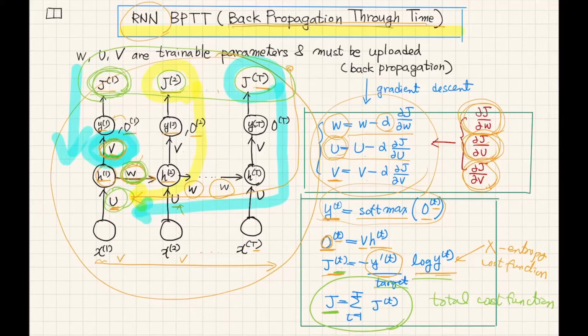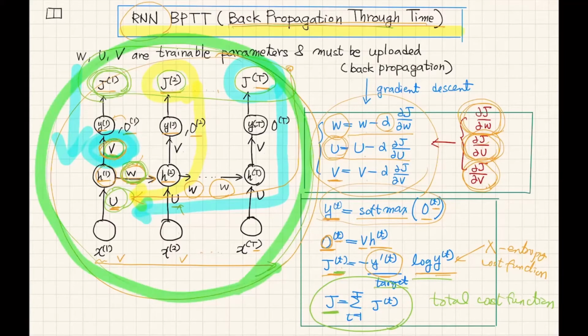Because now we have connections in this slide, we know this structure and we know the equations.